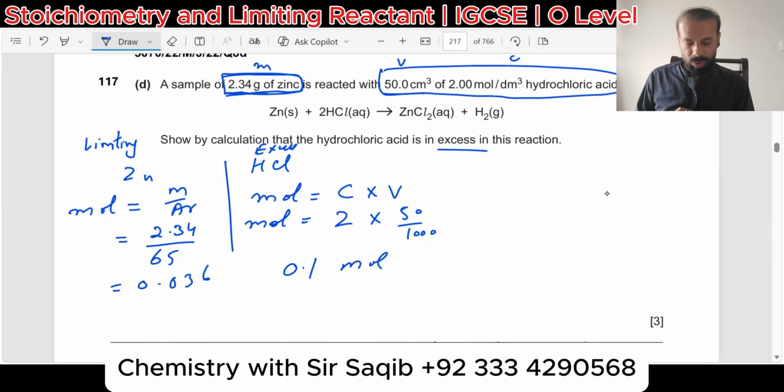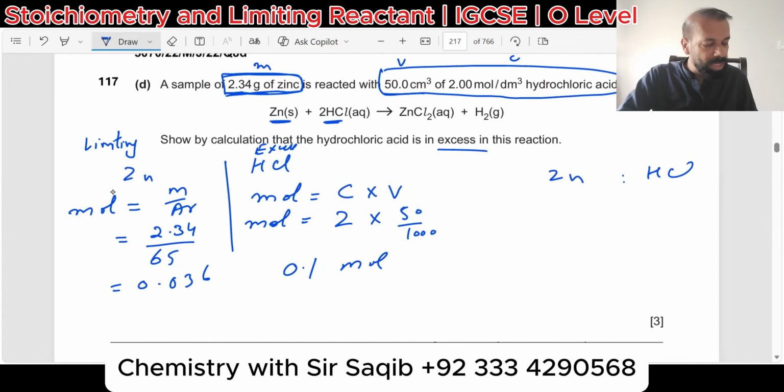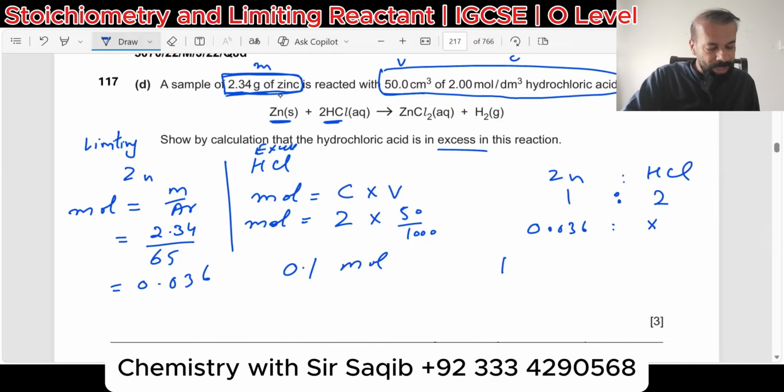Now, do you know the ratio here? Zinc to HCl: in the balanced equation, 1 mole of zinc needs 2 mole of HCl. But how much do we have? We have 0.036 of zinc. For this much, how much HCl will you need? 0.072 mole, right?